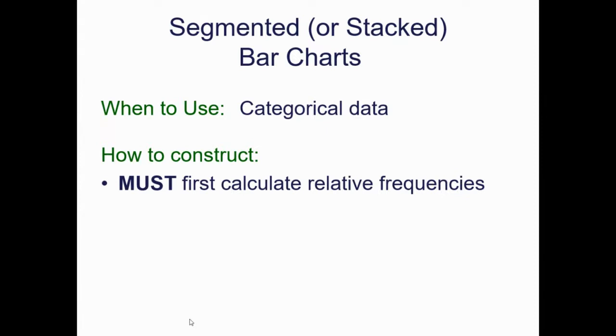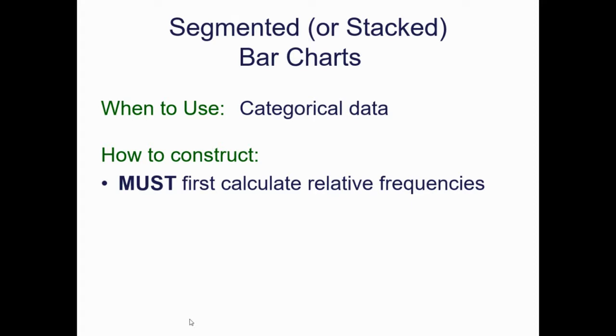Okay, next let's look at segmented, or they're also called stacked bar charts. We also use these with categorical data. And they're made similar to bar charts, but of course, first, just like we did on the other, we must calculate the frequencies.